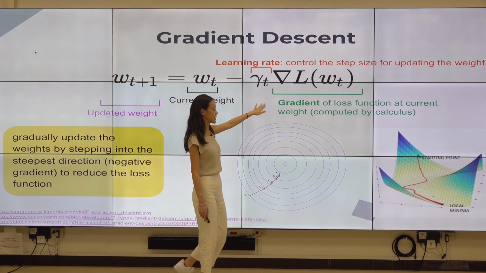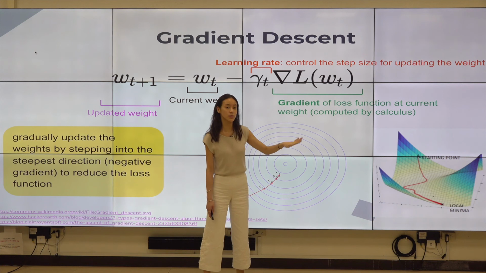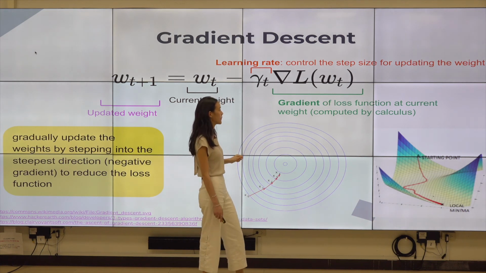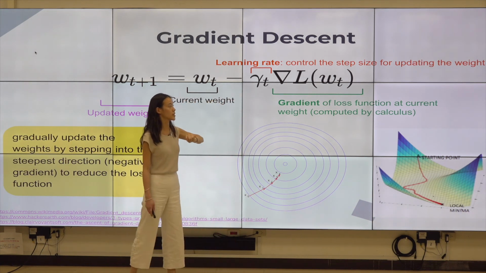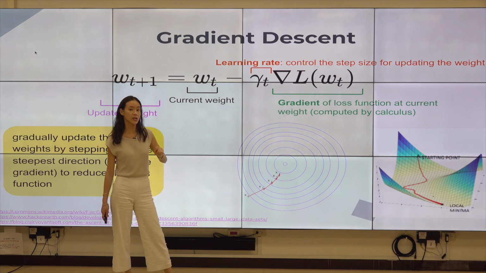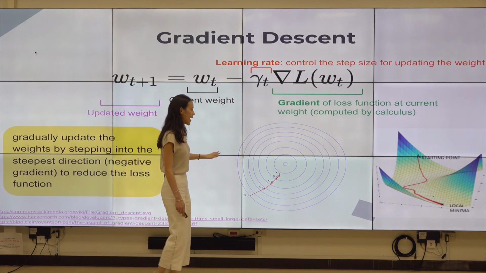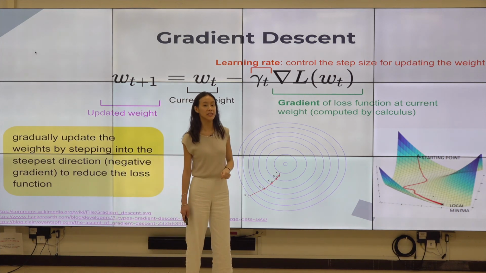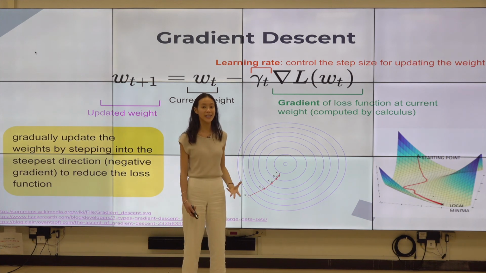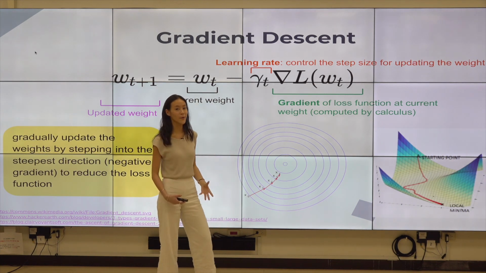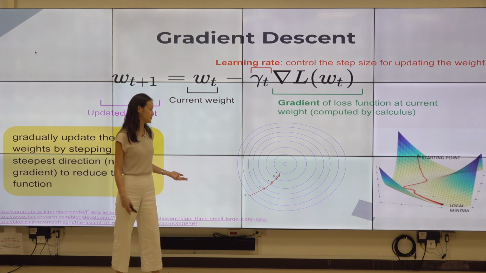The learning rate defines how much we're learning with each iterative step, and that's the gradient of the loss function at the current weight that we're at. As seen before in the segmentation lecture, I would recommend you look back to it if you don't remember or if you haven't watched it.